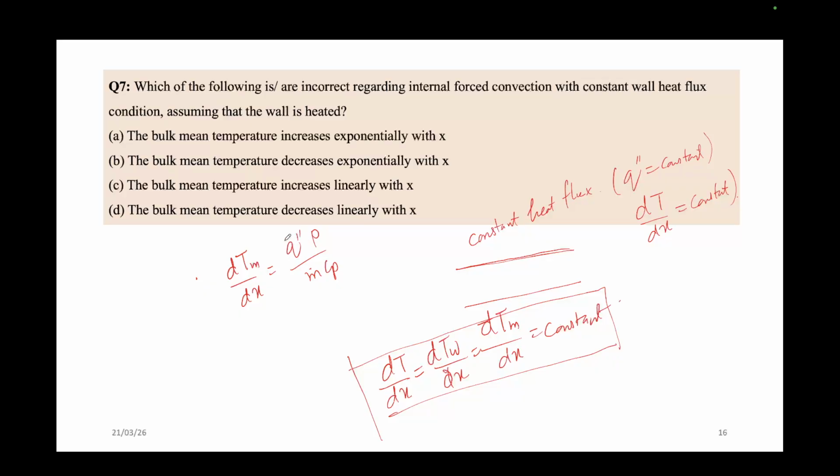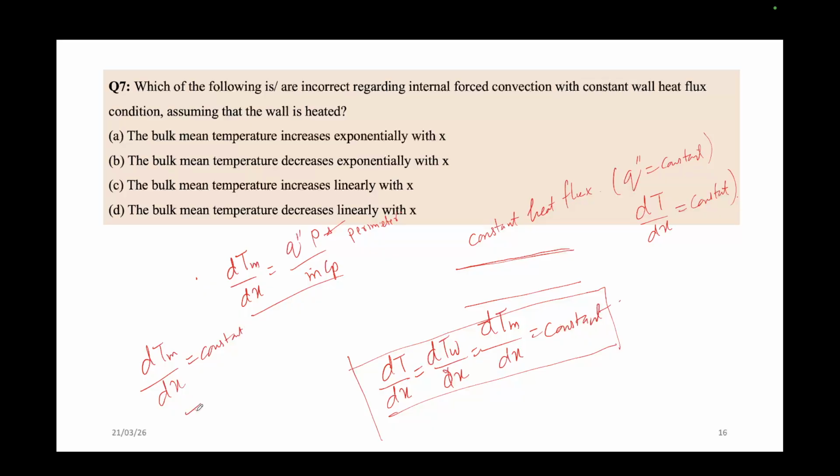Okay, so here the heat flux is constant. P is the perimeter, so the perimeter is also constant. Yes or no? Right. So m dot is constant, Cp is constant. So what does that indicate? From these, this one is constant.